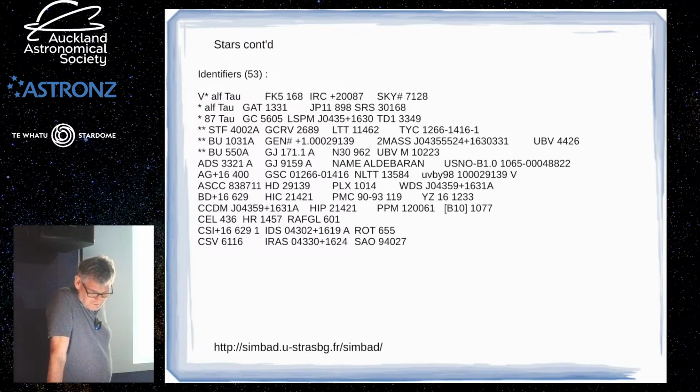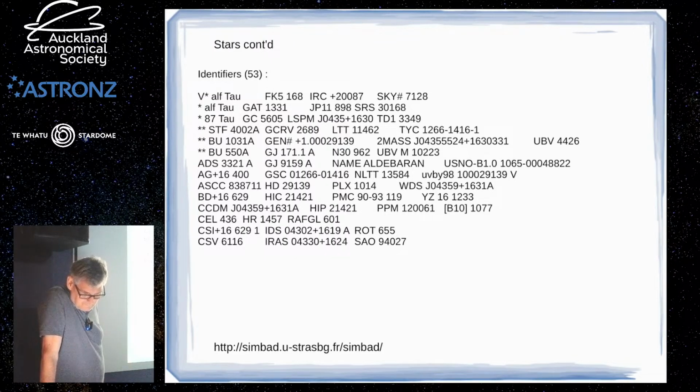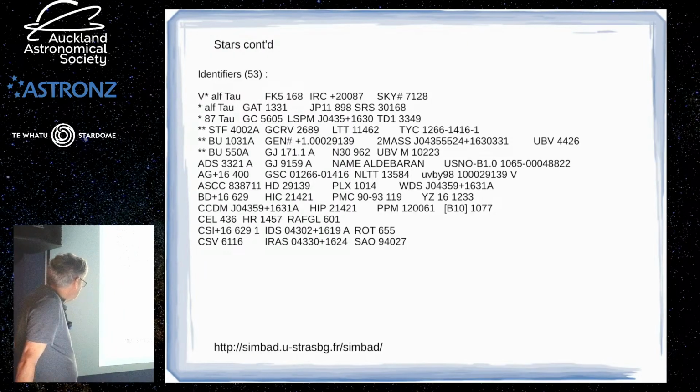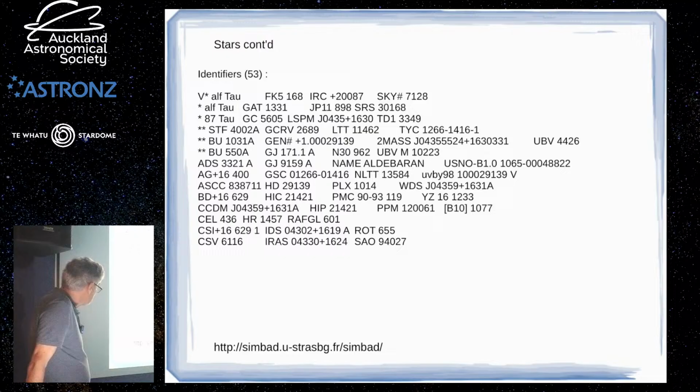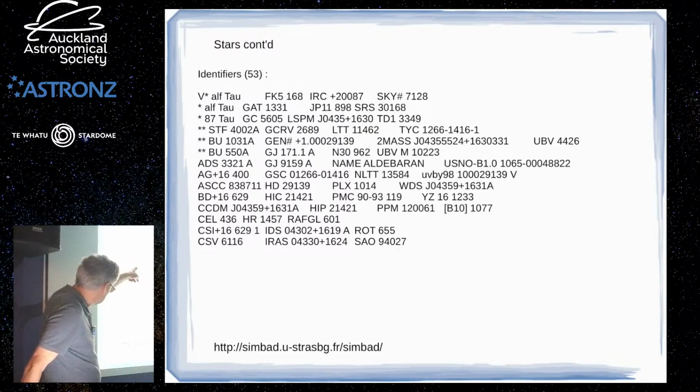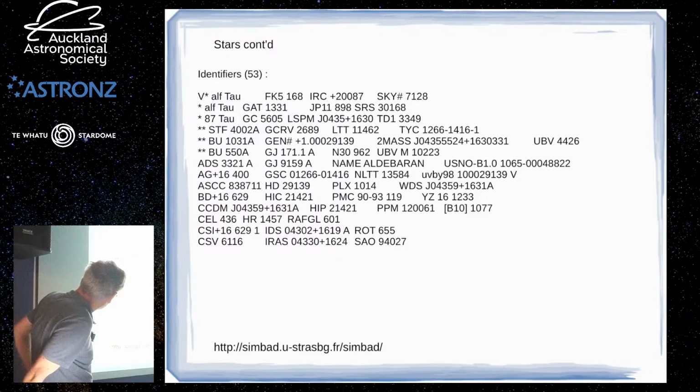Okay, but more on stars. There are lots of catalogues, and I've only mentioned the more common ones. The problem is you come across a star, like you see there's the HD 29134, and you think, oh, what the heck is that? Well, it turns out this is actually the HD number for the star Aldebaran.